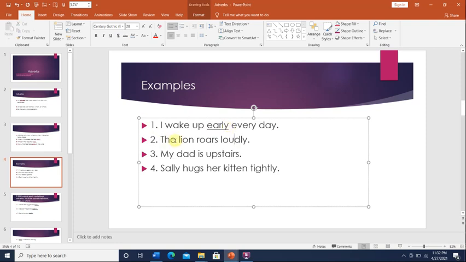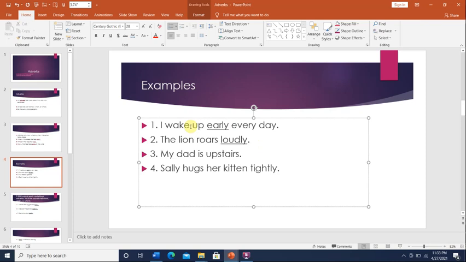Number 2, the lion roars loudly. Loudly here is the adverb and it tells you how the lion roars. Okay, so an adverb can tell you when something happens in the sentence, how something happens in the sentence, or where. So I wake up early, it tells me when I wake up.